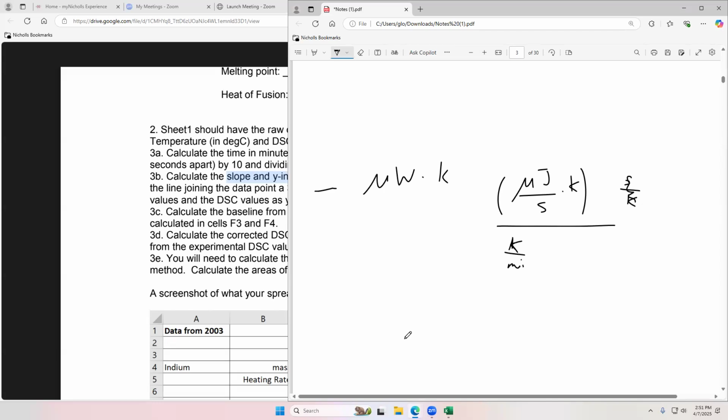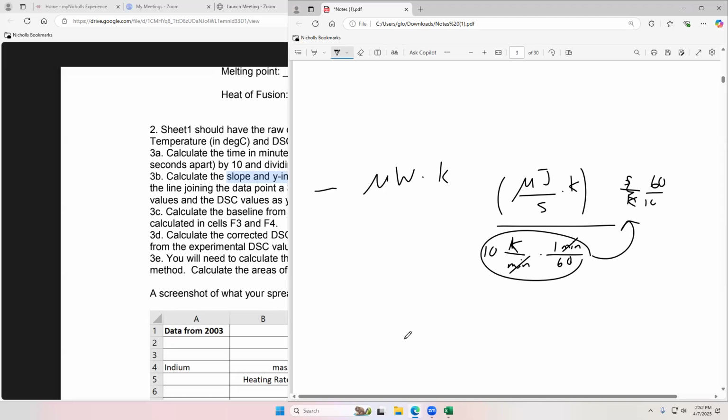I have Kelvin per minute. What's my heating rate? 10 Kelvin per minute. And 1 minute is 60 seconds, so minutes cancel out. Essentially, you end up multiplying it by 6, since 60 over 10.